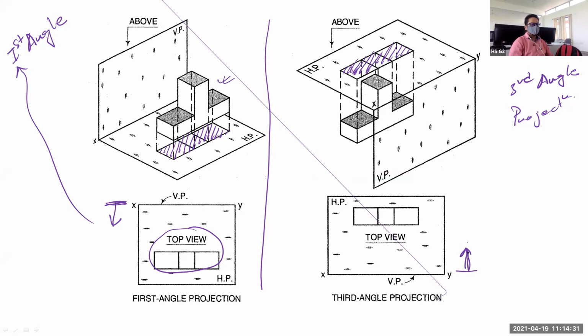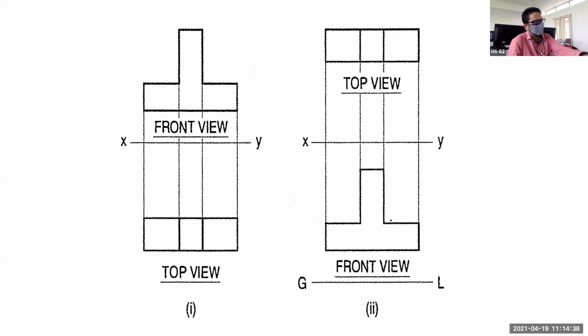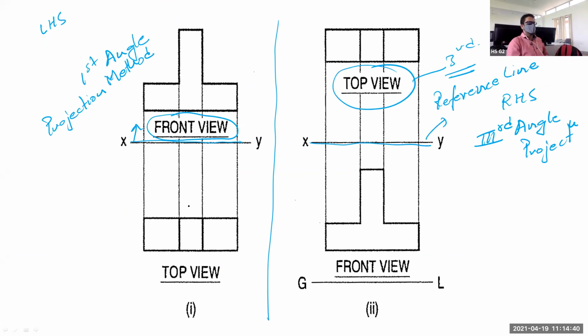So if you combine this slide and the previous slide, meaning front view and top view, you will be able to see this figure where this is your reference line, and above reference line is your front view in first angle projection method, and your top view is below reference line. This is also how you can identify whether it is first angle projection method or third angle projection method. Okay. So now coming to the next slide.